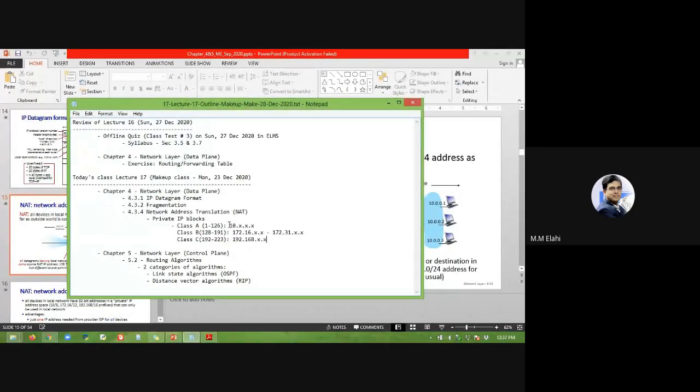But the only rule is, whenever you use private IP, you cannot connect to the internet directly. Got my point? You can use private IP without registration, but you cannot connect to the internet directly. Otherwise the problem will happen, right?